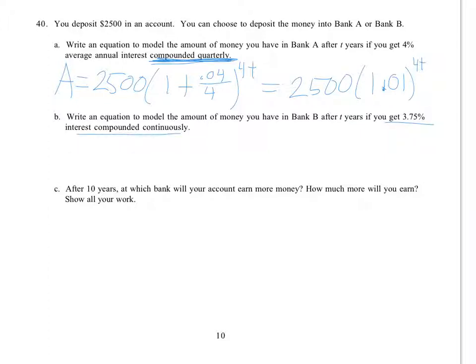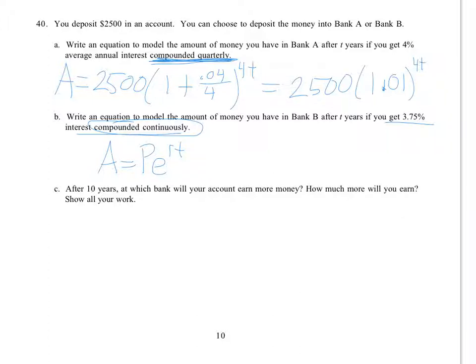Compounded continuously is kind of a stupid thing that we only use in math. As soon as you see the words compounded continuously, we're using a different formula. This is something we did not talk significantly about in class, and A equals Pe to the rt is what that formula looks like. This is really great in biology where things actually multiply at a continuous rate. We're not really good in math because no bank is actually going to make this calculation.